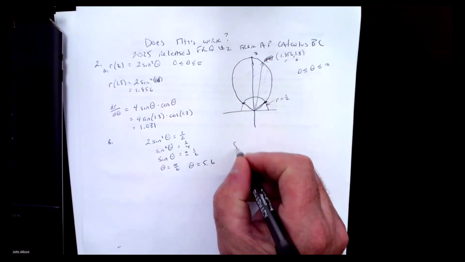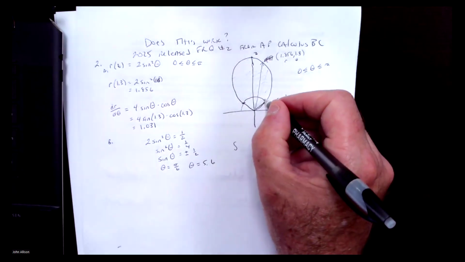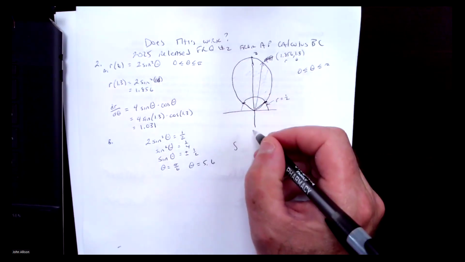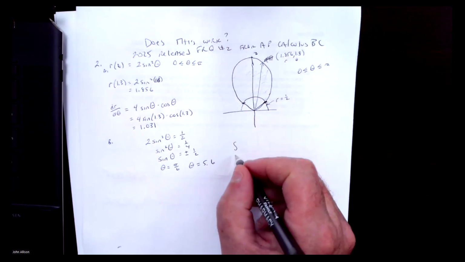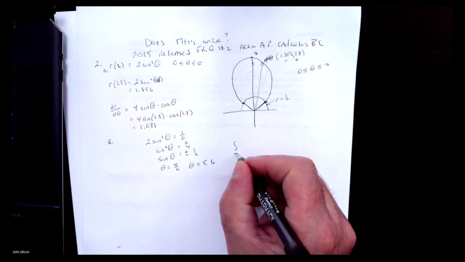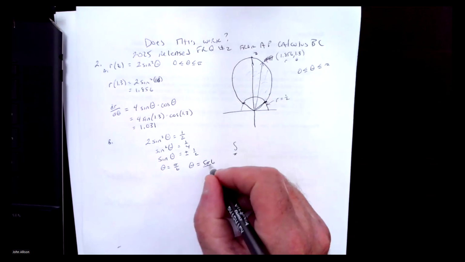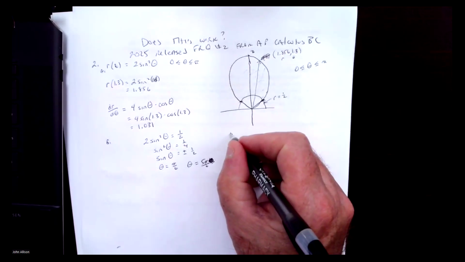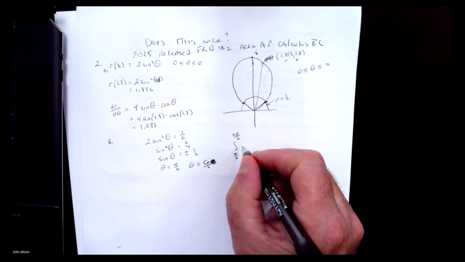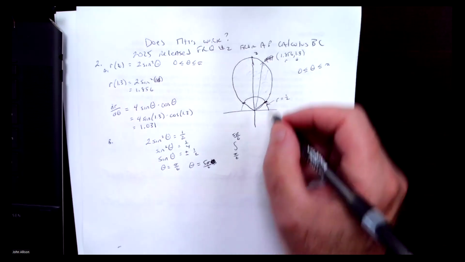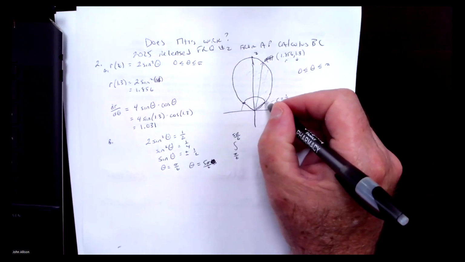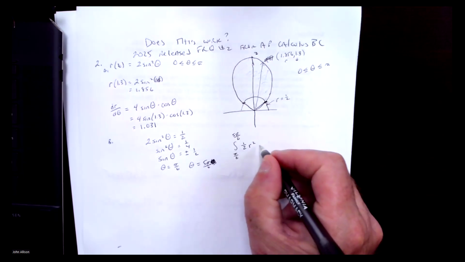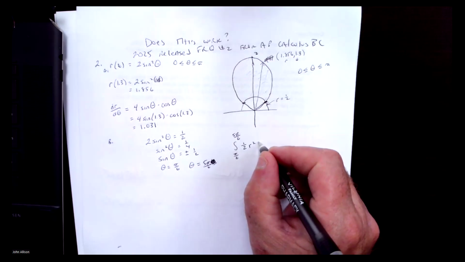So we're going to integrate. This is going to be the area from the outside curve to the inside curve over that domain from pi over 6 to 5 pi over 6. Recall this is going to be 1/2 r squared d theta.